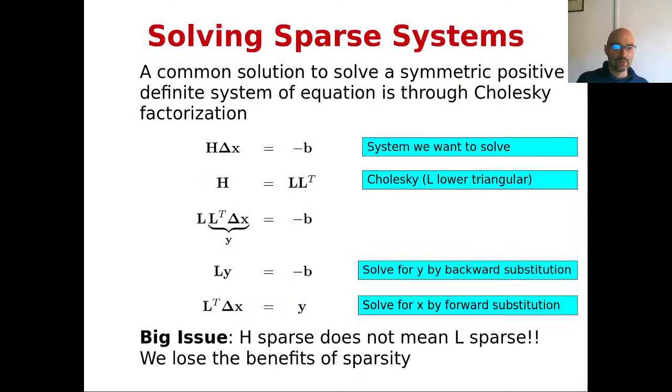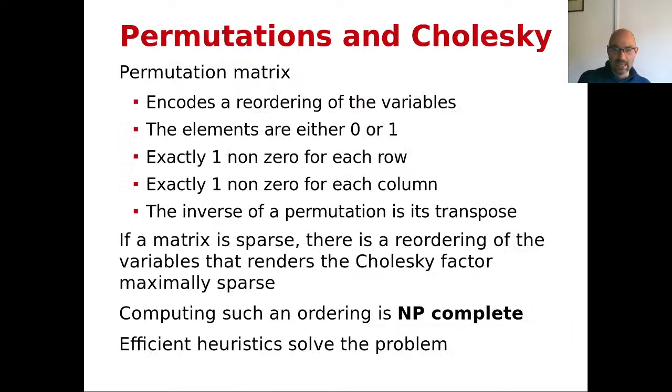That comes from the observation that the sparsity, the number of non-zero elements of L, depends on the number of non-zero elements in H, but it's strongly influenced by the order.